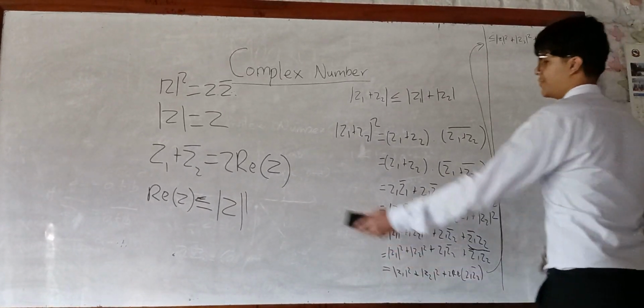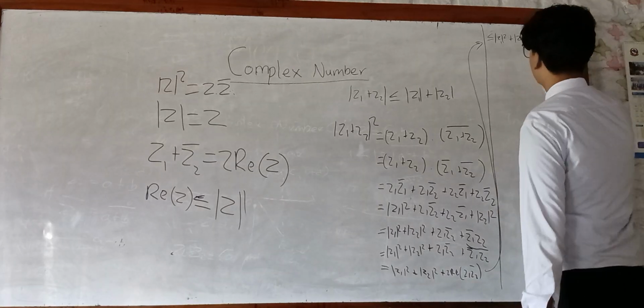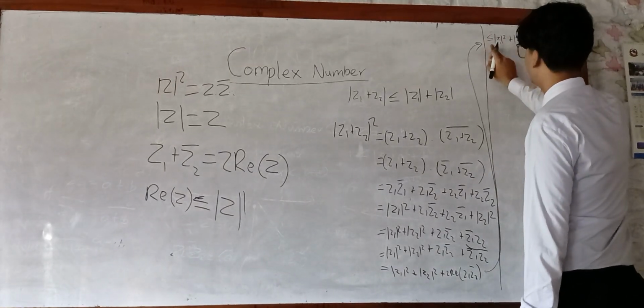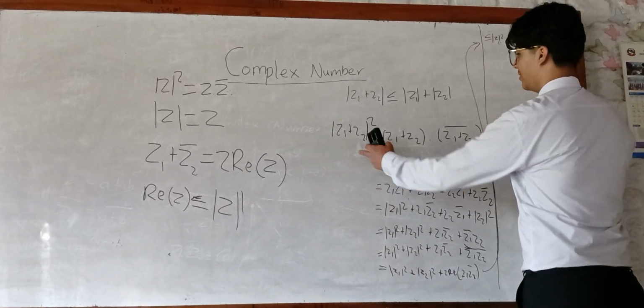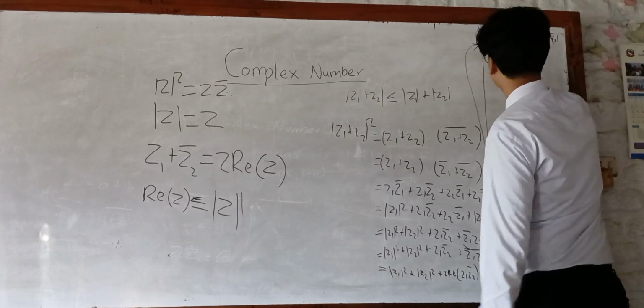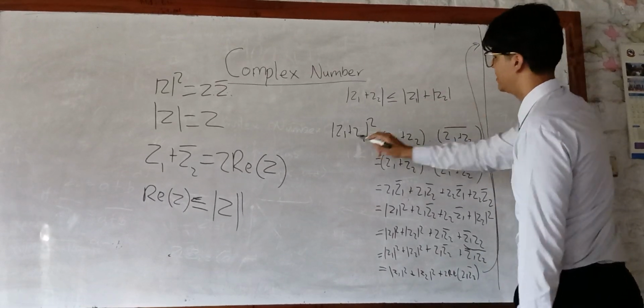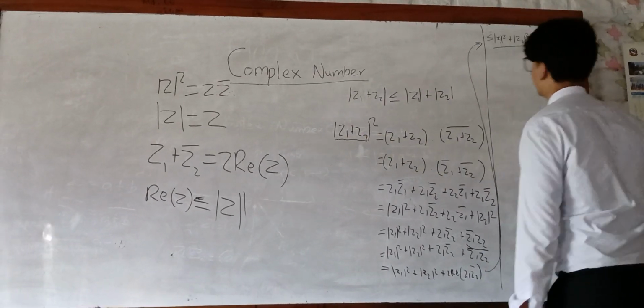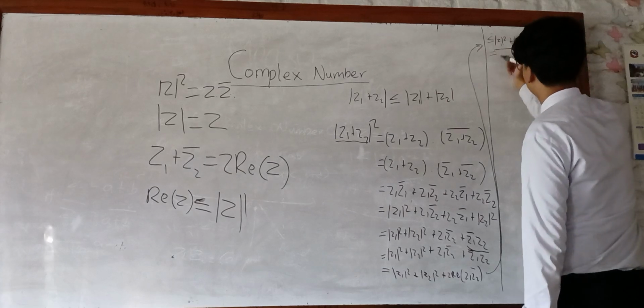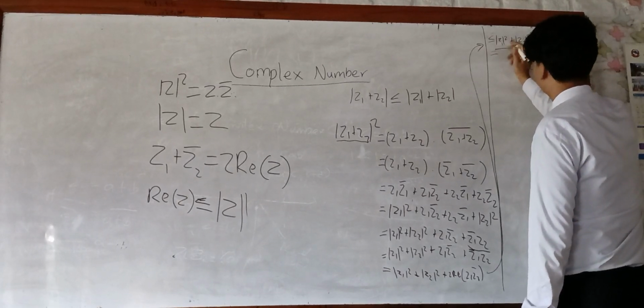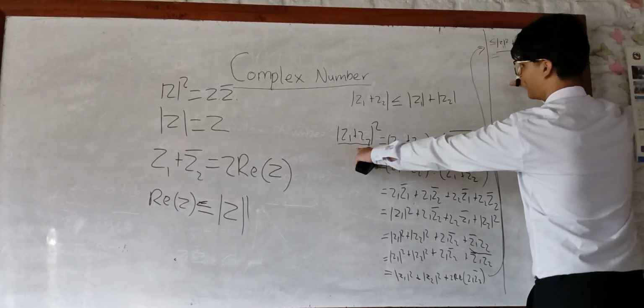So using this property, this equation will be this, but we need to change the sign into lesser than or equals to. This is lesser than or equals to this, but this is greater than or equals to this.